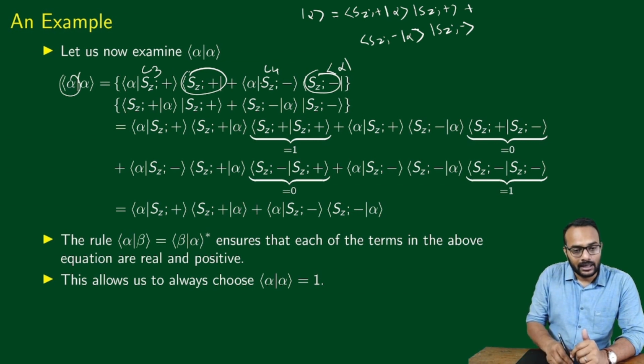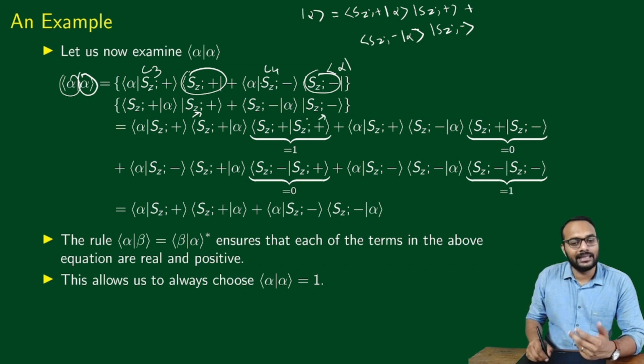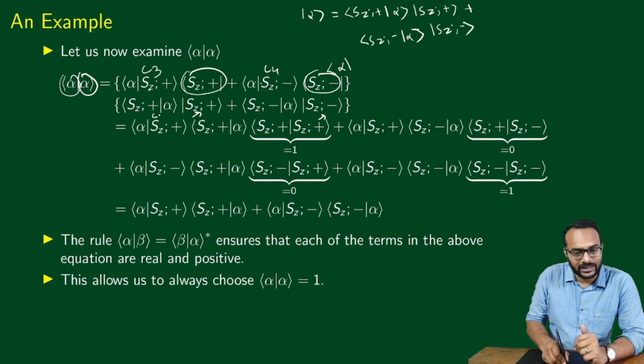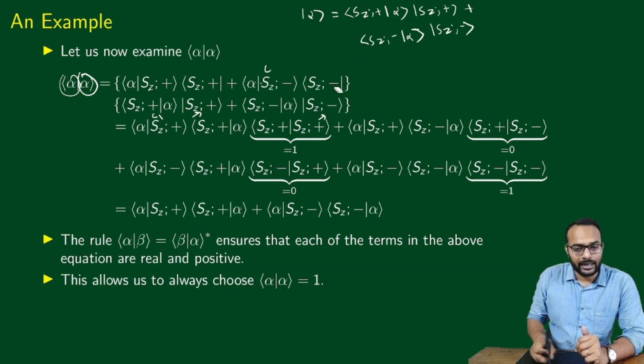Here I have this ket alpha, which is written as a linear combination of ket sz plus and ket sz minus, and these are the expansion coefficients which we previously denoted as C1 and C2. C1 is the component of alpha along sz plus, and C2 is the component of alpha along sz minus. Now we combine these two.